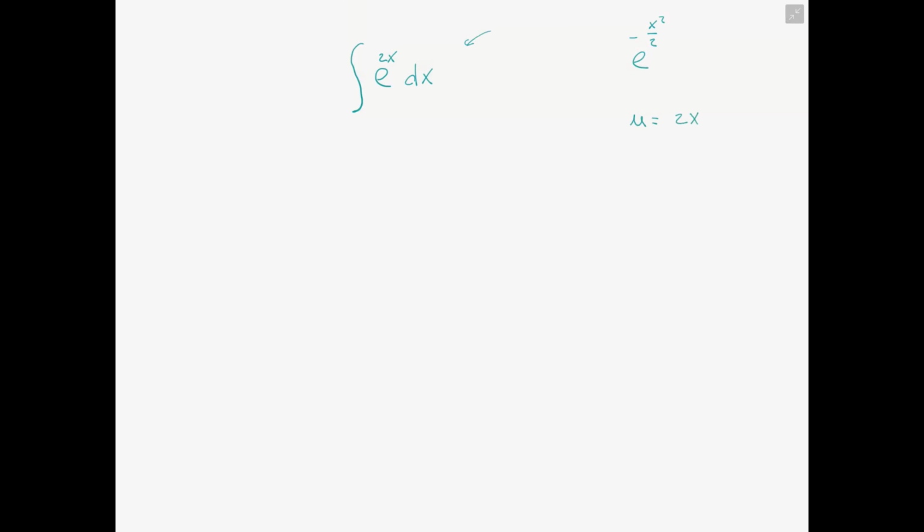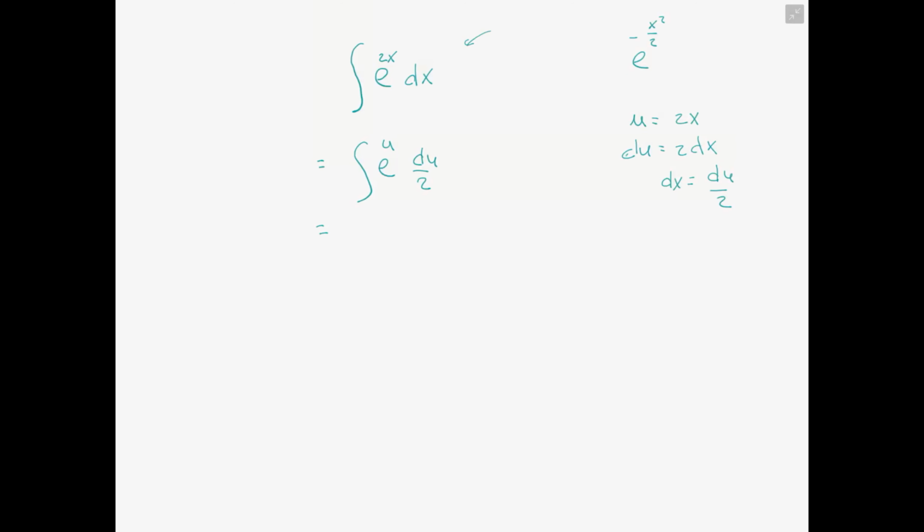So we make a substitution, u equals 2x, du equals 2 dx, and so we make this e to the u, but we don't have 2 dx, so dx equals du on 2.